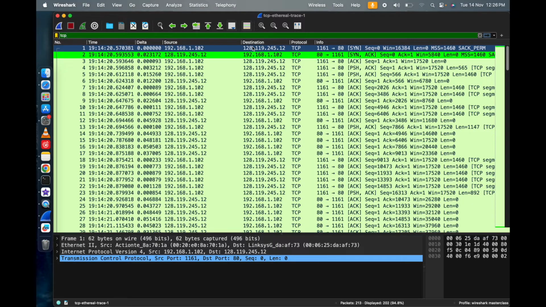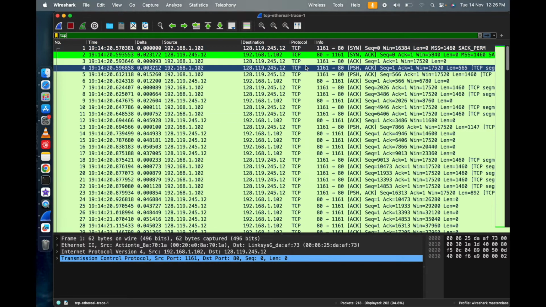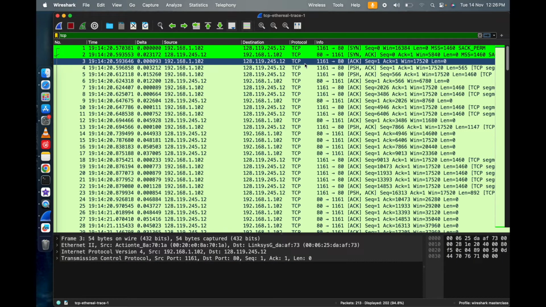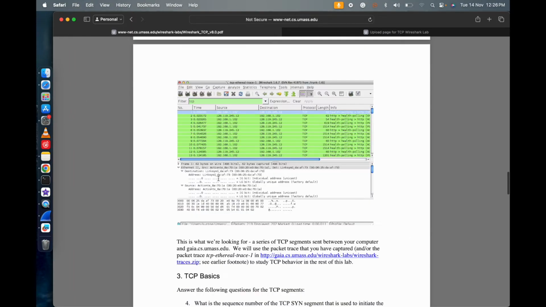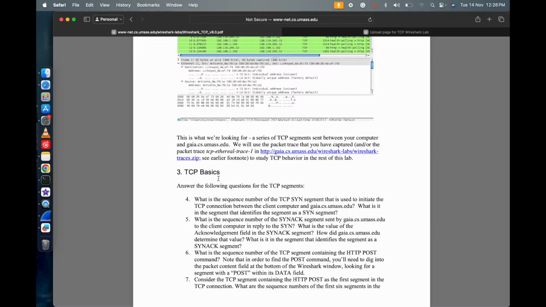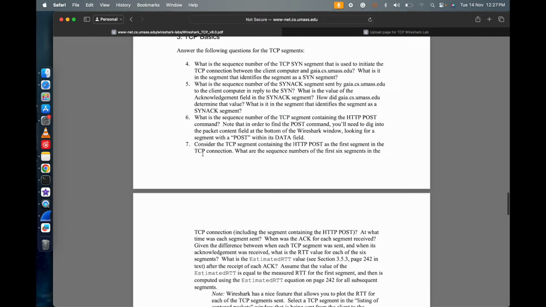It's the destination port, and the destination port number is 80. Okay, you can see the destination port number is 80. So next question, and everything is based on this complete thing, so don't worry guys.